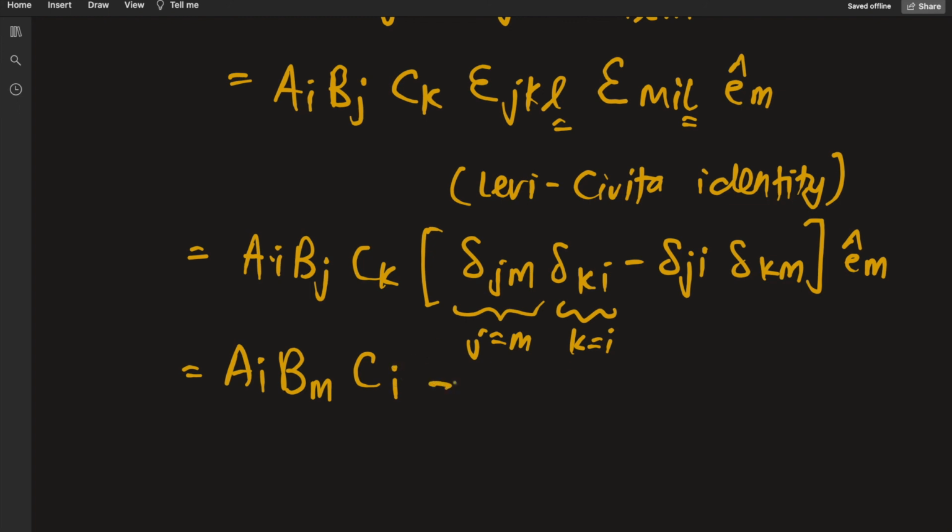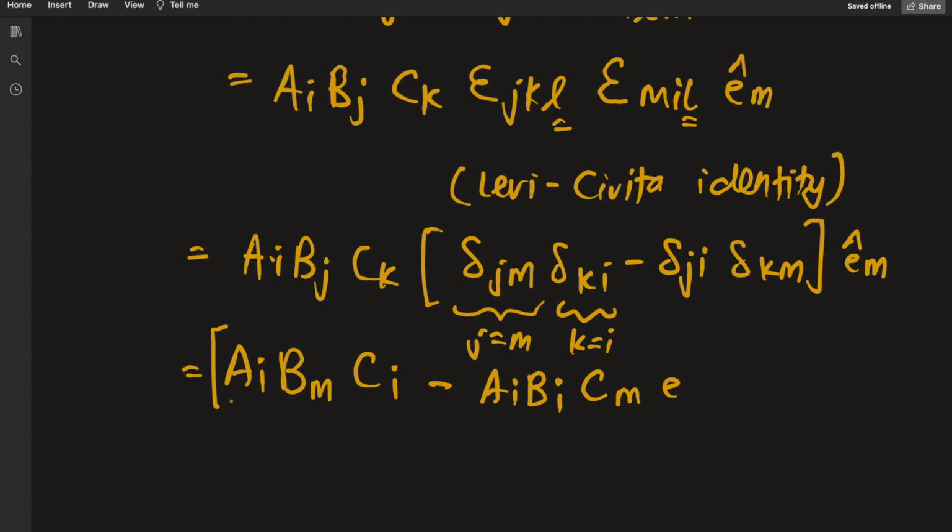Okay, again do a similar process for the second product of Kronecker deltas as we did for the first. Change the j to an i, so a sub i, b sub i, change the k to an m, so c sub m.